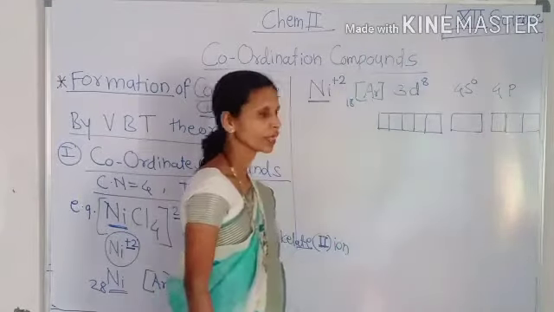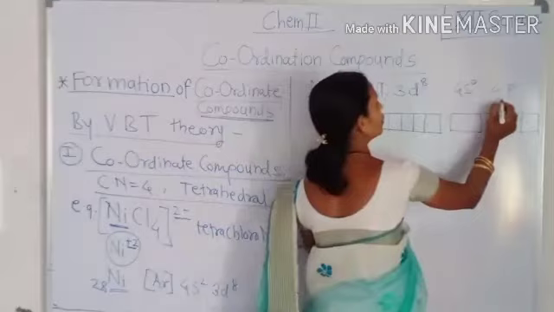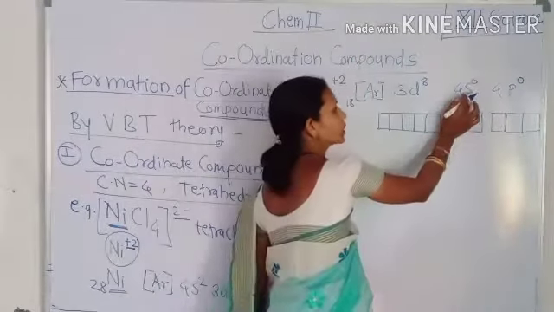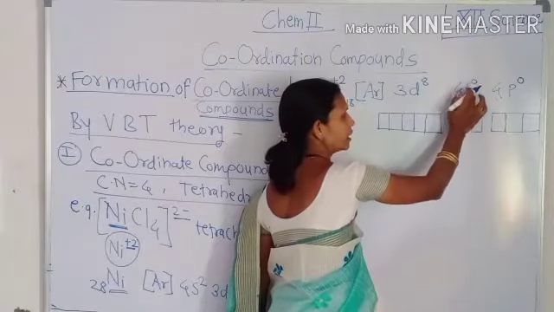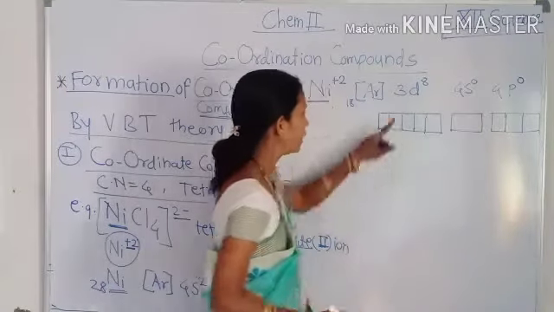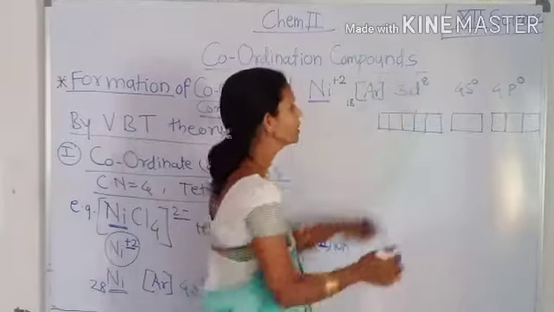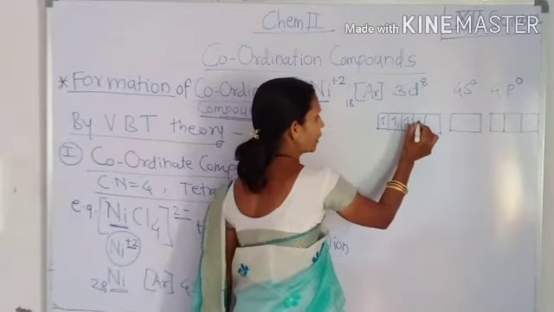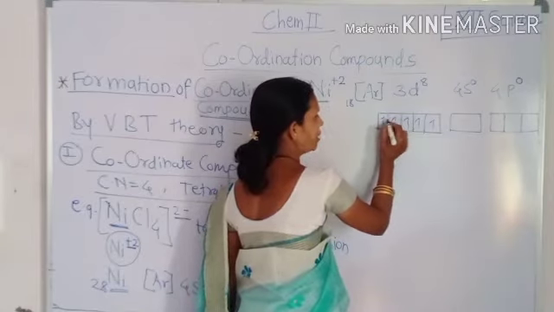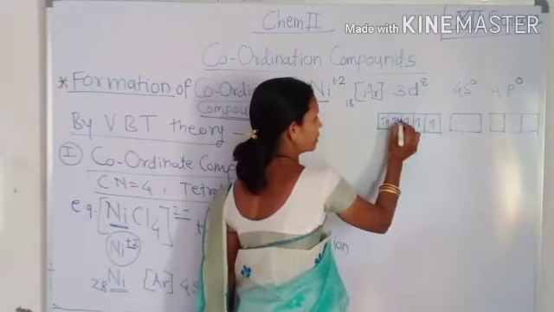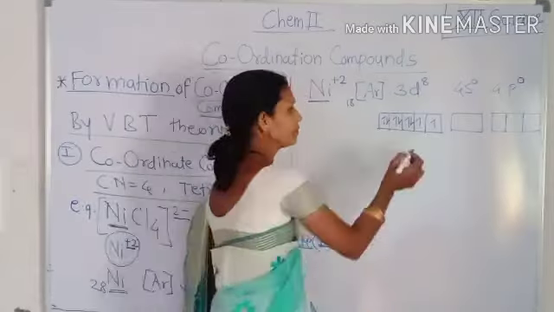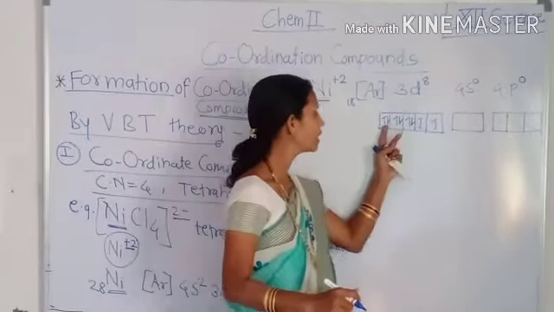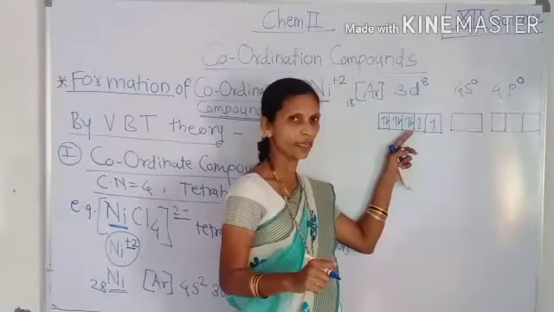See here, the 4p orbital is also vacant, that is 4p0, and 4s is also vacant, therefore 4s0, and 3d8, that means a total of 8 electrons are present in the 3d orbitals, 5, 6, 7 and 8, with 2 unpaired orbitals while 3 orbitals are paired.